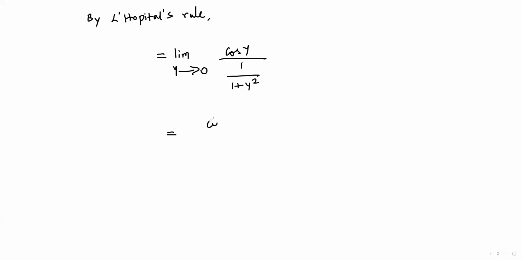Then I'll be getting cosine 0 over 1 over 1 plus 0 squared. We know that the value of cosine 0 is just 1, and the value of 1 plus 0 squared is just 1, so 1 over 1. The simplification of this 1 over 1 is 1. So I just evaluated the given limit. The result of the given limit is just 1.